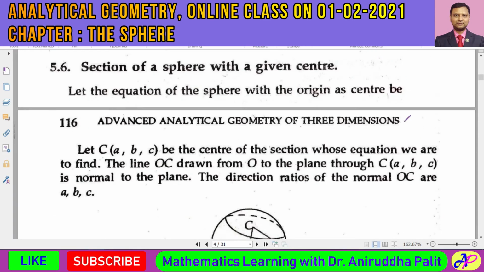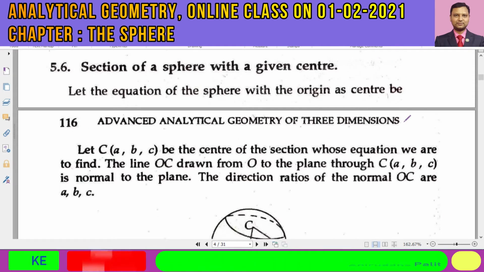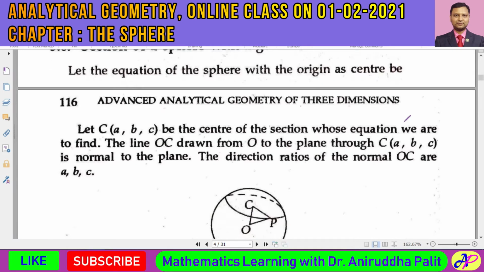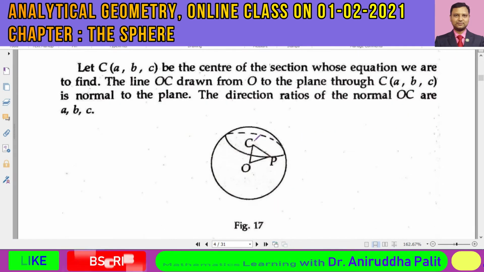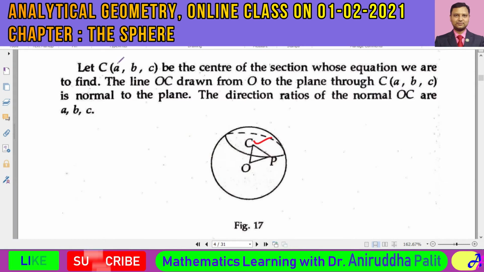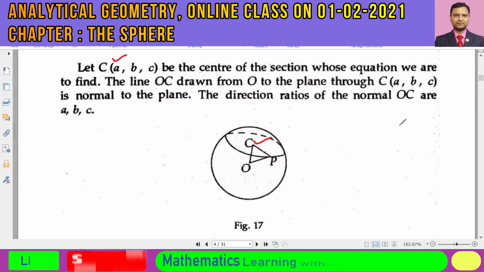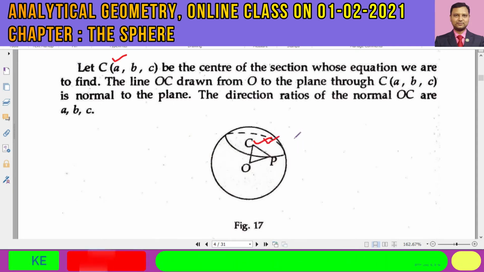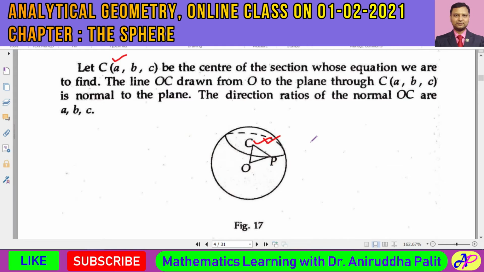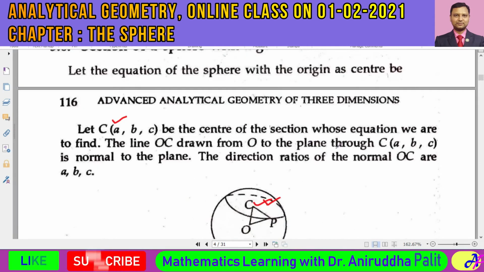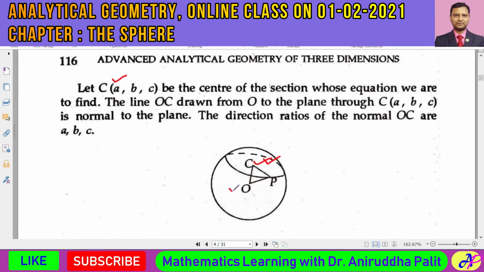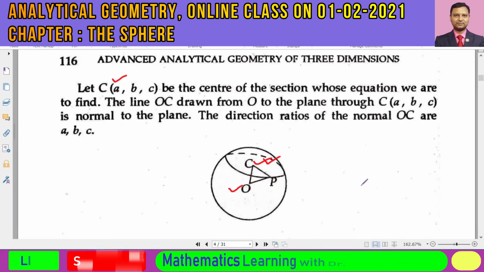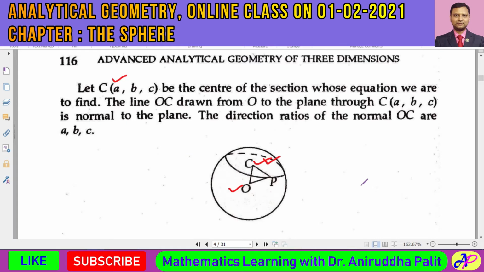Now let us consider the section of a sphere with a given center. Suppose C is the center having coordinates a, b, and c, and we are given the coordinates of this center.